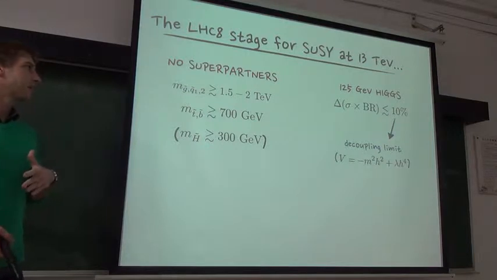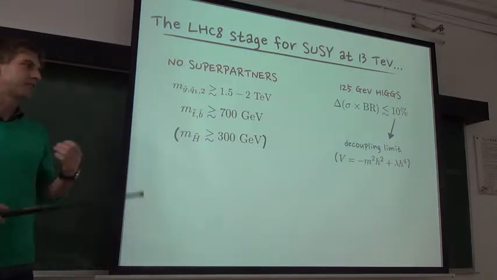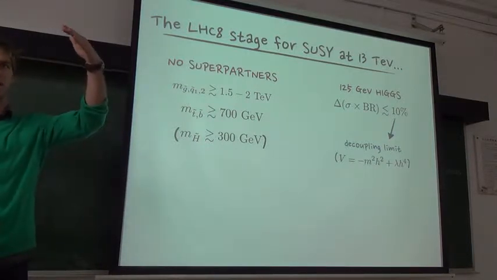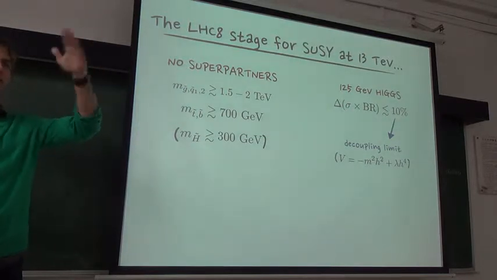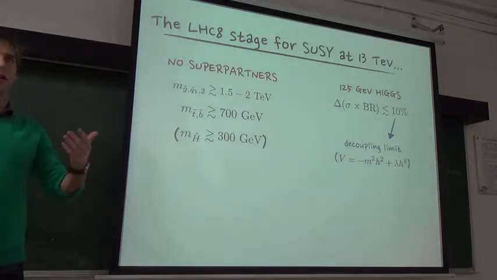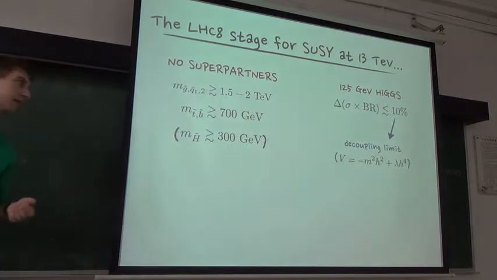What this result is telling us is that there must be some decoupling limit where the extra Higgs states are much heavier than the Higgs we've discovered, so that you can reproduce the results that the Higgs looks like a standard model Higgs.